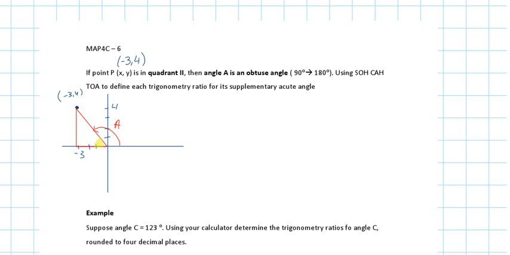Let's call it theta. This is my angle of interest at the moment. Because if I'm looking at the triangle, this is the angle of interest. Where's my opposite? The vertical line, and that's what letter? X or Y?